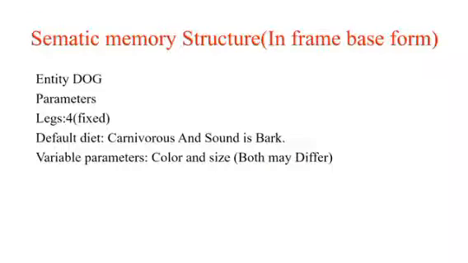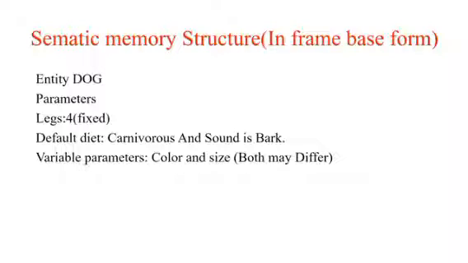This is the semantic memory structure in the frame based form. In that, the entity is dog. To remember, this is another structure, the frame based structure. It is like a ladder type structure. The entity is written as dog, and the fixed parameters are: legs are 4, that is fixed; default diet is carnivorous; and sound is bark.